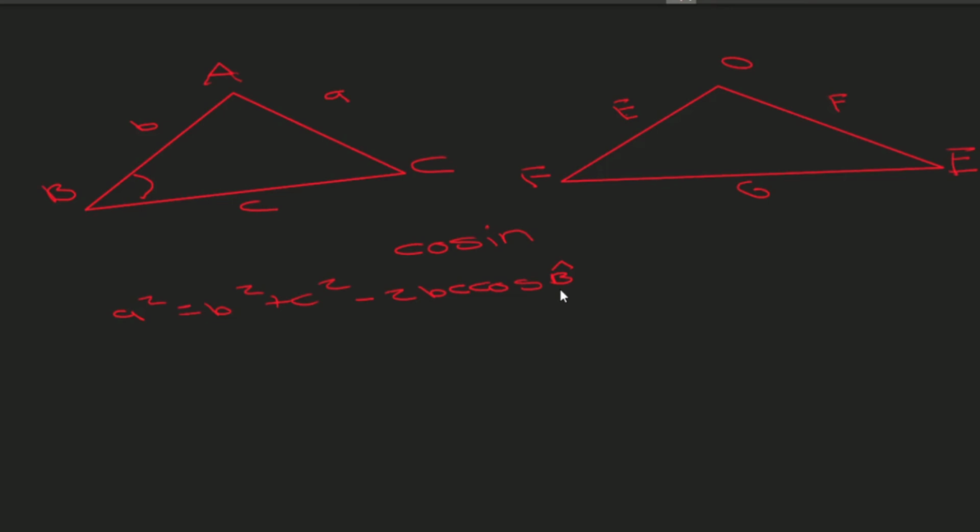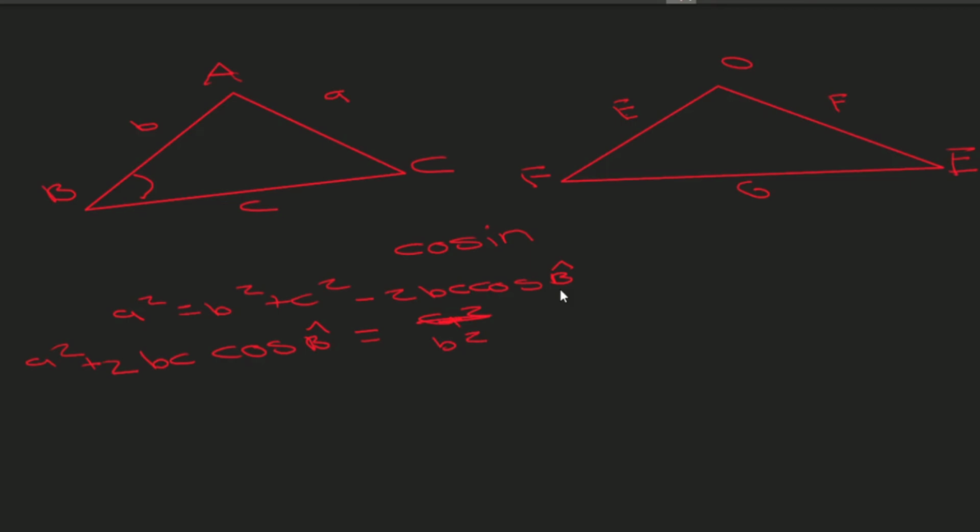So if you take negative 2bc cos of the angle over to that side, 2bc cos of the angle plus a squared will equal b squared plus c squared.